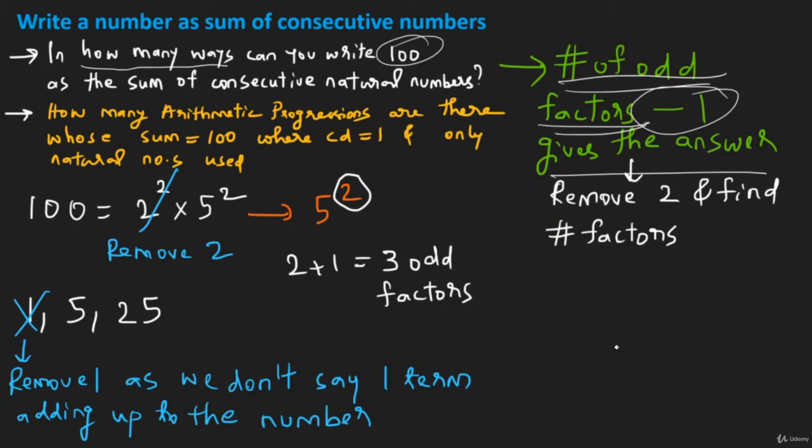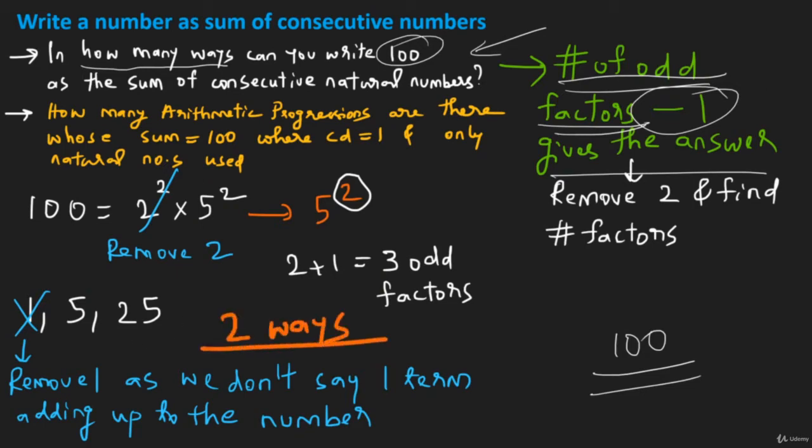So I cannot say that just by writing 100 as 100 adds up to 100, because we need at least 2 numbers to get an answer to this question where we write the given number as the sum of consecutive numbers. That's why we remove 1. And having removed 1, our answer is 3 minus 1, which is 2 ways. So in 2 ways we can write 100 as the sum of consecutive natural numbers.